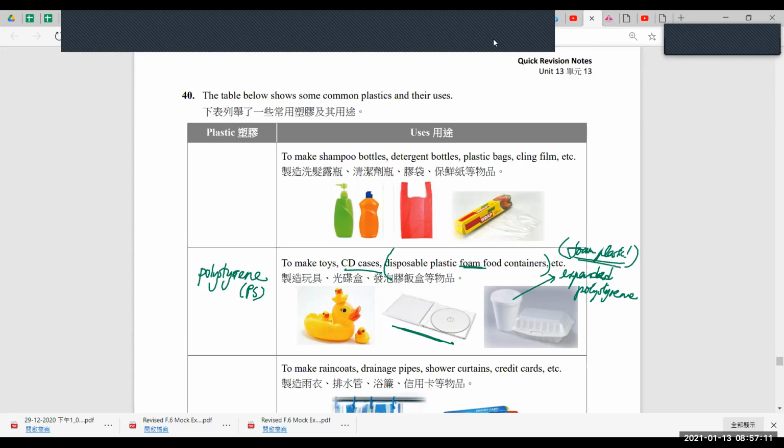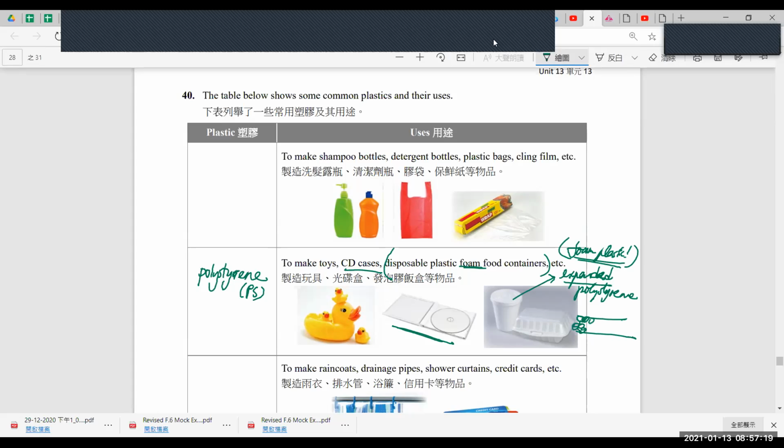How do you make it expanded? By bubbling. While we make that plastic, we bubble it with air, and we try to have some air bubbles trapped inside.